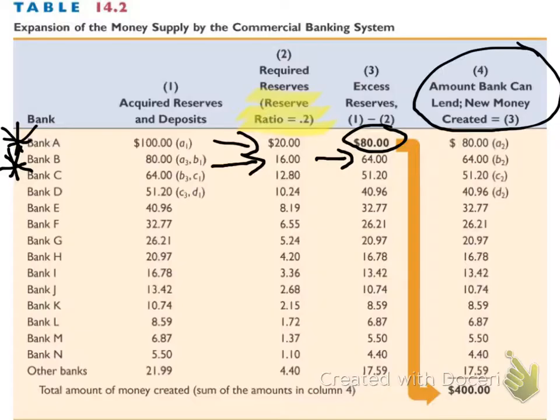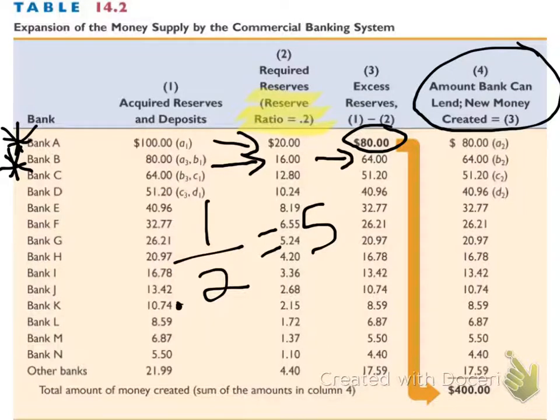Now, some of you probably can see this really easily. The money multiplier is 1 over the reserve rate. Now, I'm going to talk about that more on the next slide, but if you do 1 over 0.2, 1 over 0.2 equals 5. Why am I talking about this right now?